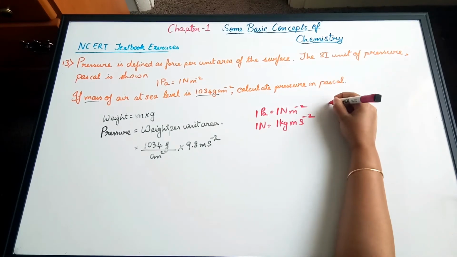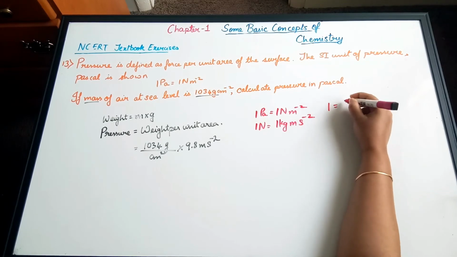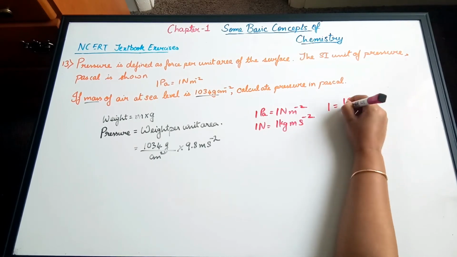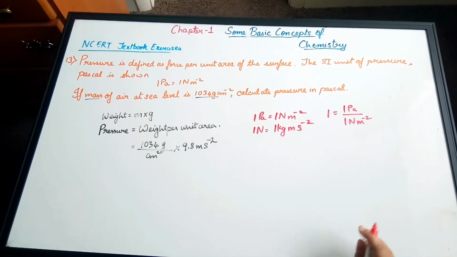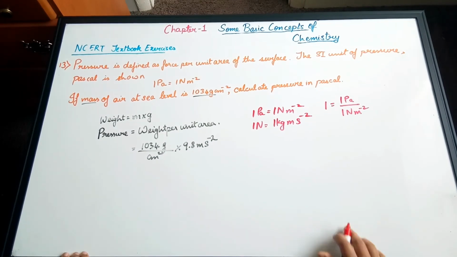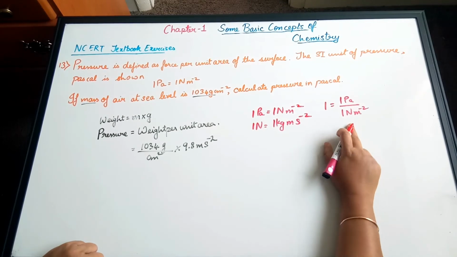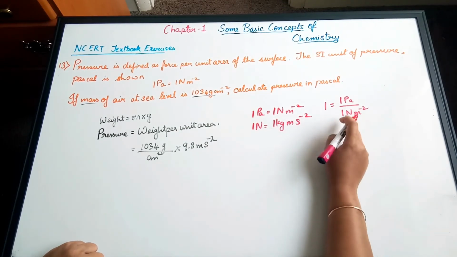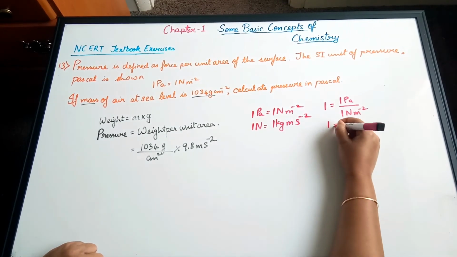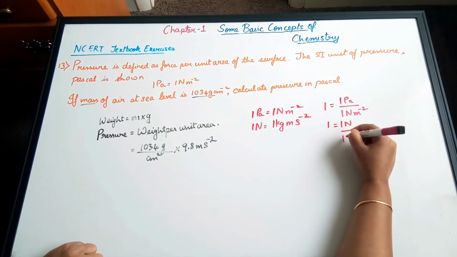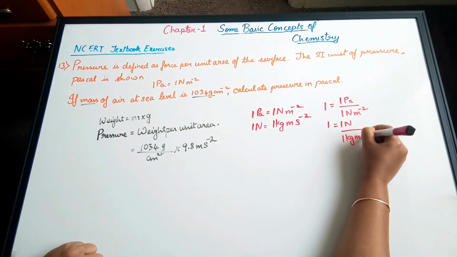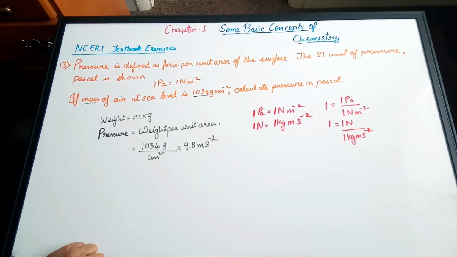So here 1 will be equal to 1 pascal divided by 1 Newton meter minus 2. So this is in the denominator, which means we need the Newton to be in the numerator for the other one. So 1 Newton divided by 1 kg meter second minus 2.